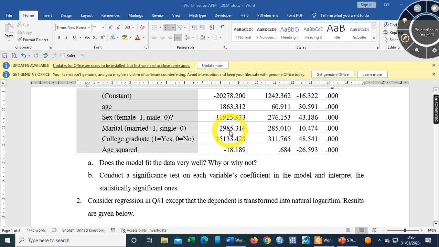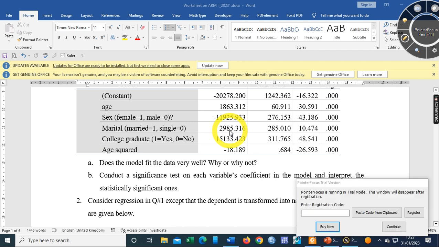More specifically, the income earned by married individuals is greater by 2985.316 on average, keeping other things constant when we compare it with individuals who are single.